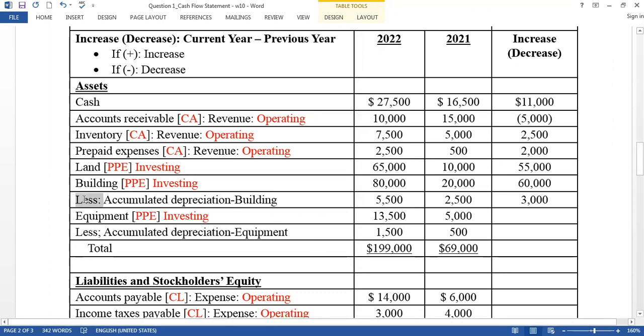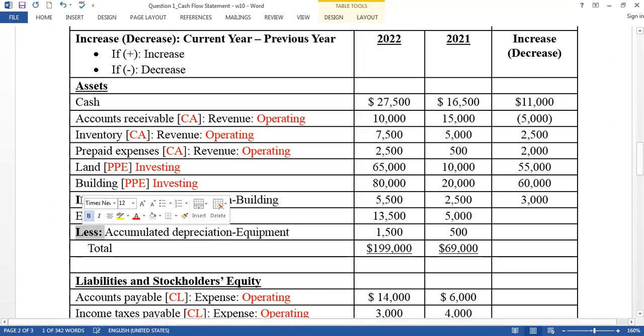Building less accumulated depreciation, equipment less accumulated depreciation. If you do not use the less term here, you can make brackets here, right? You learned this. Anyway, so $3,000 accumulated depreciation increase.